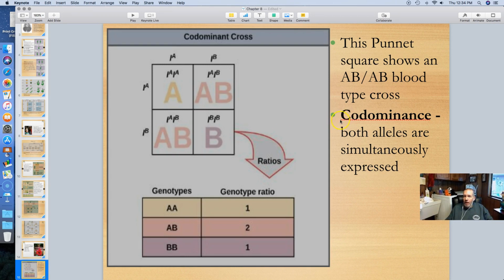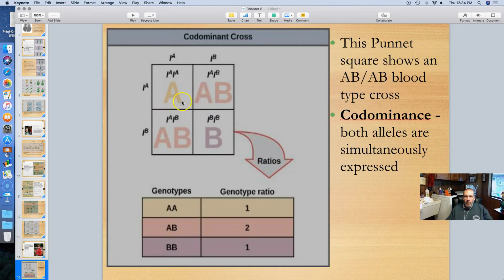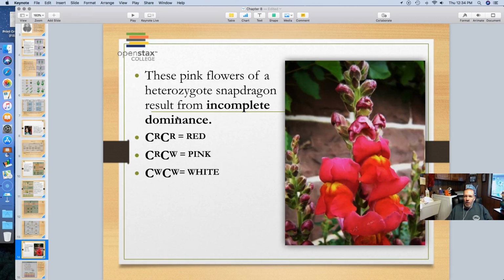Now, just real quickly, you probably are thinking, well, how are codominance and incomplete dominance really different? Because you have one option, a second option, and a third option. Remember, the difference in incomplete dominance is that the third option is neither red nor white.